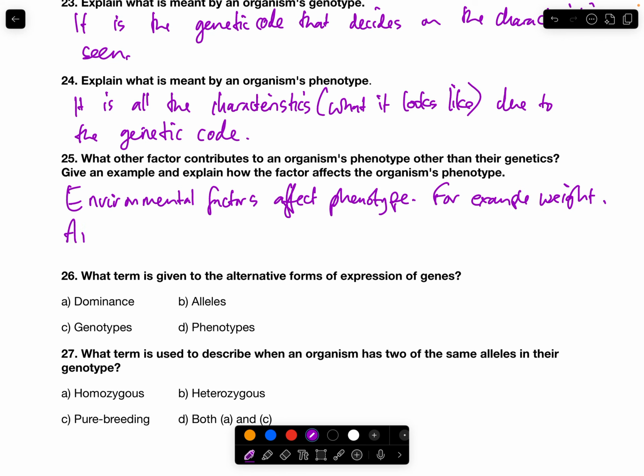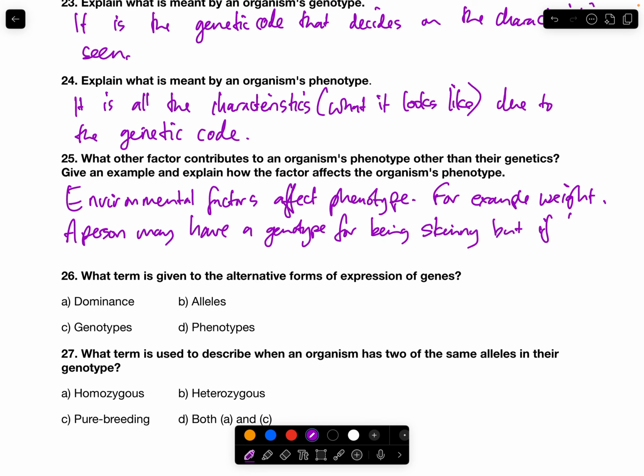A person may have a genotype for being skinny, but if they eat too much, they won't have a skinny phenotype.